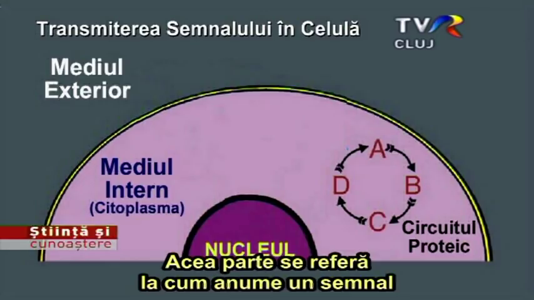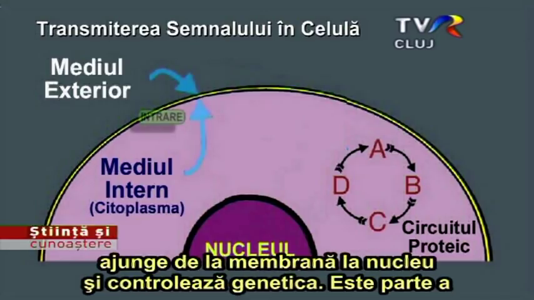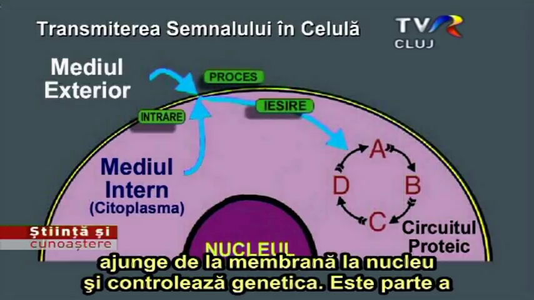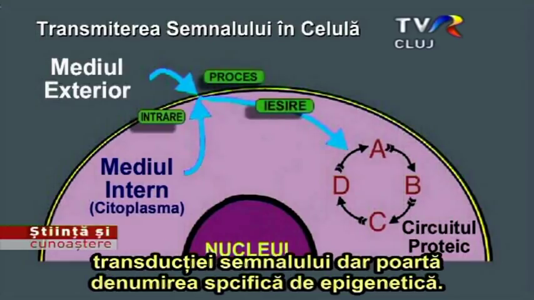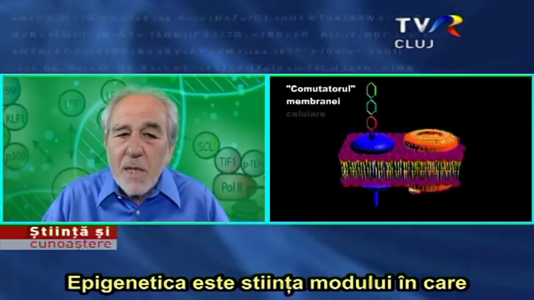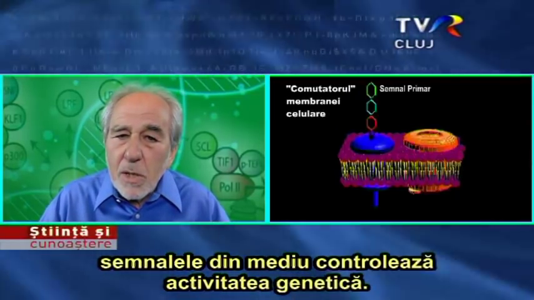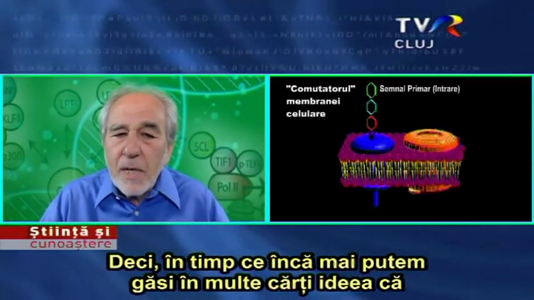So that part is how a signal goes from the membrane into the nucleus and controls genetics. Well, that's part of signal transduction, but it's specifically called epigenetics. And epigenetics is the science of how environmental signals control genetic activity.